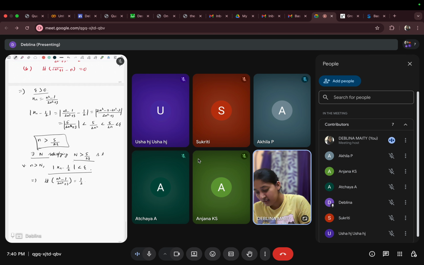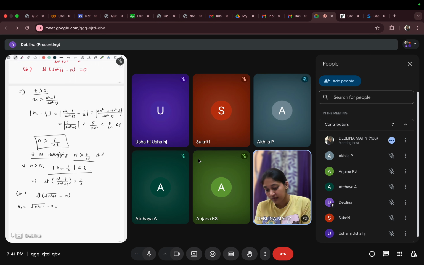Similarly for b, the limit of, so we'll write this. So xn is what? We'll multiply denominator and numerator by n square plus n plus n.